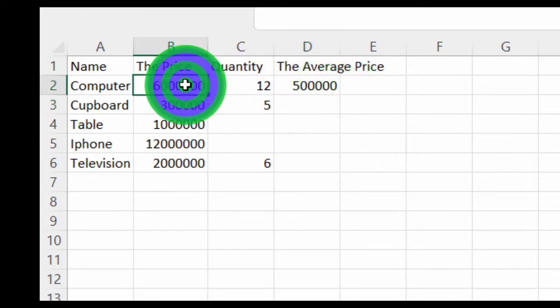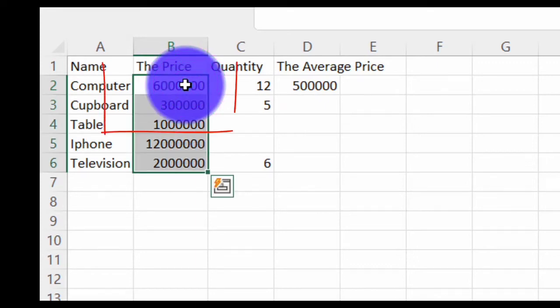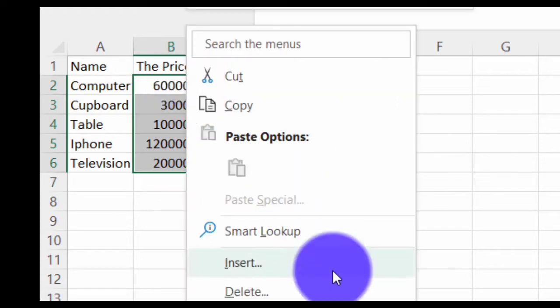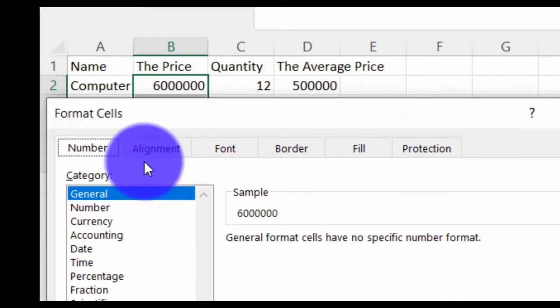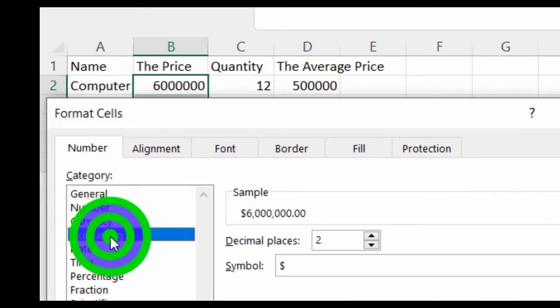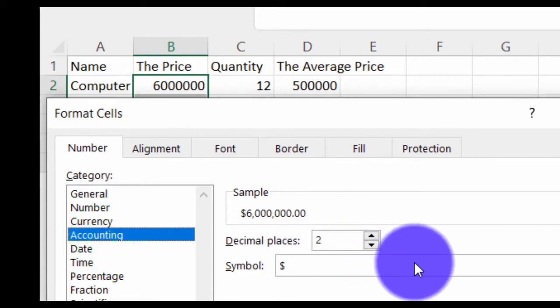Okay, before that I want to give the number format of our money. Maybe I make it in rupiahs. I want to format first. Number, currency counting. Okay, I want to make it rupiah.